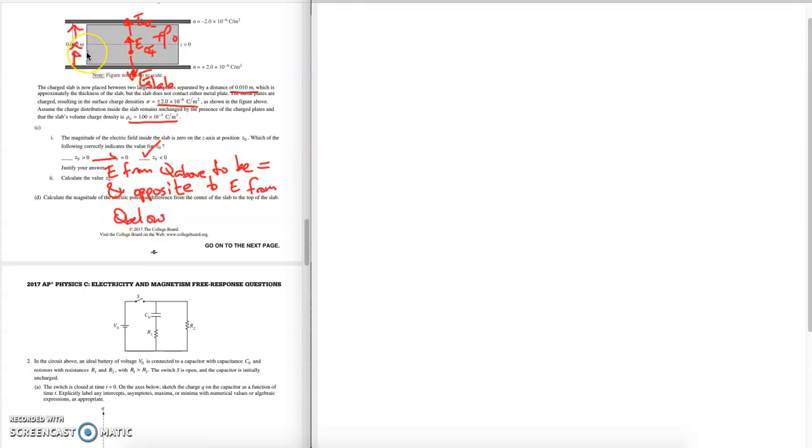Because if we draw a line here, the E of the top of rho, and down there, E of the bottom of rho, plus E of the plates, they have to cancel each other out. That's how you get electric field of 0. Again, all we're doing is vector addition here. We just happen to be doing vector addition with electric charges.